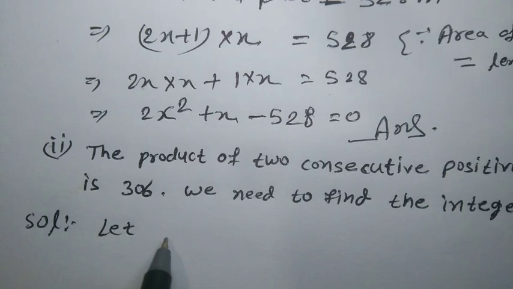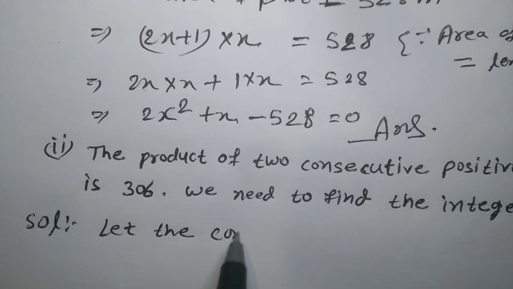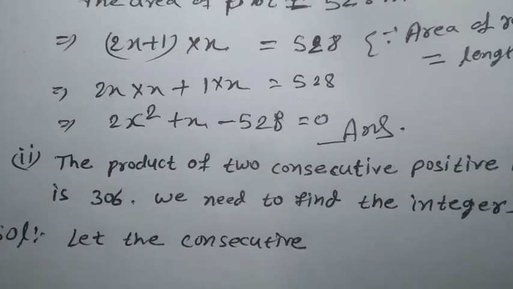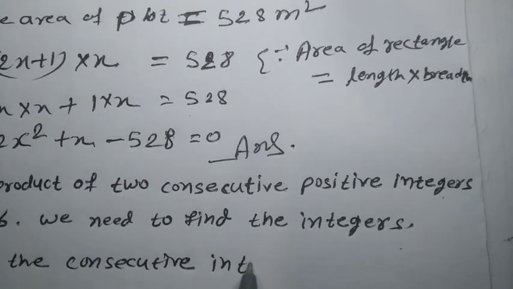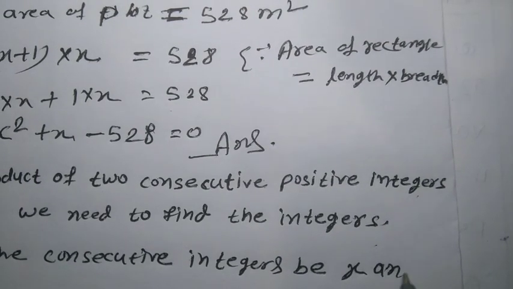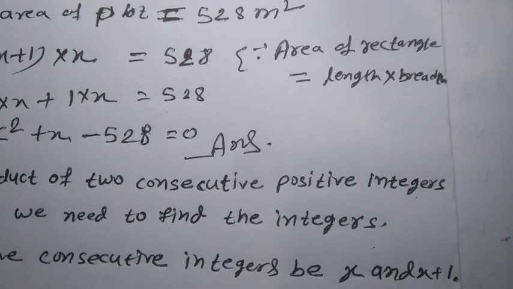Let the consecutive integers be x and x plus 1.